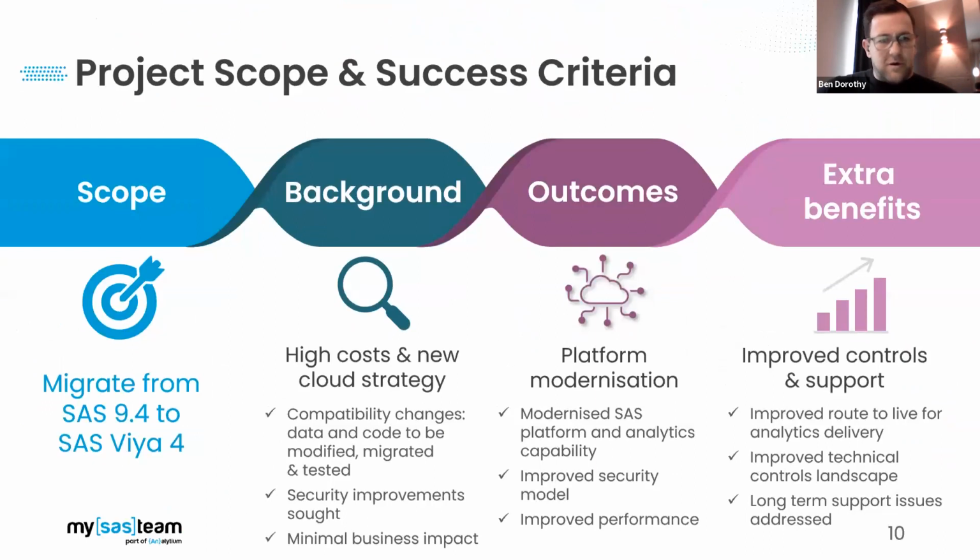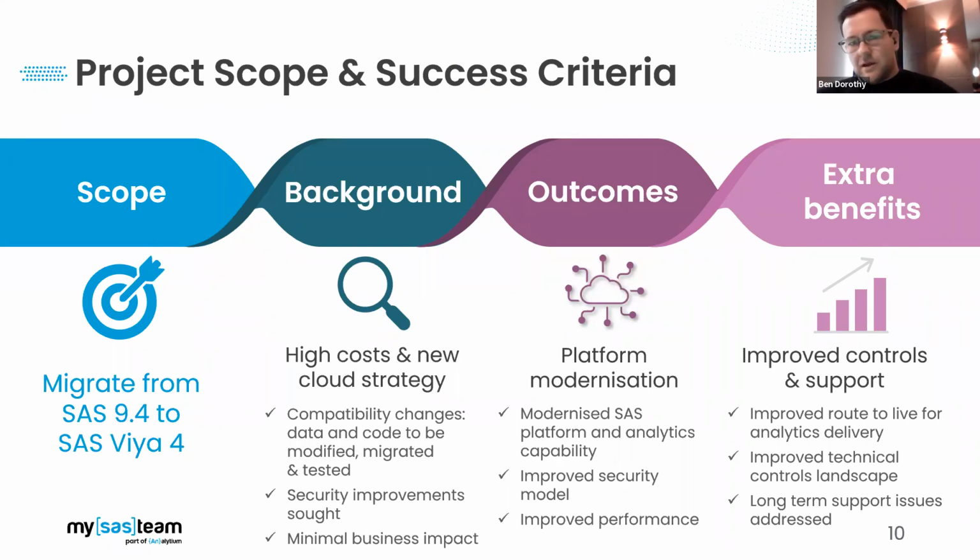I'll start off by talking you through the project scope and the success criteria that this project was focused on. In terms of background, this client was looking to migrate from SAS 9.4 on-prem to SAS Viya 4 in the cloud.